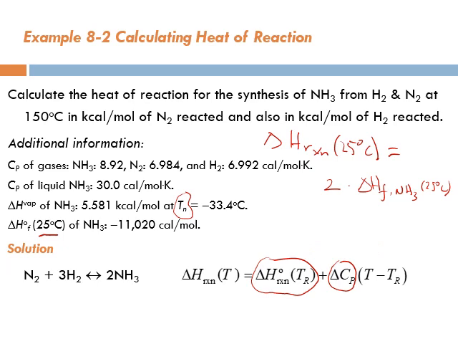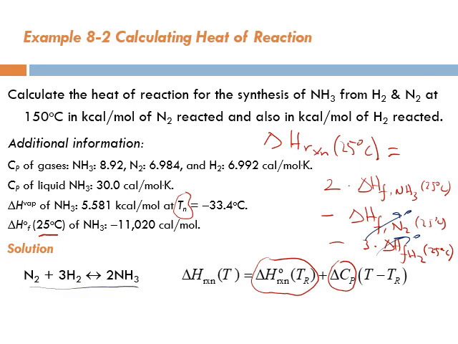Tamam, minus delta H formation for nitrogen, of course at 25 degrees C, minus 3 times delta H formation for hydrogen, also at 25 degrees C. But of course, this is 0, this is 0, and we have 2 times delta H formation for ammonia at 25. We'll give you the standard delta H reaction for this reaction as written.